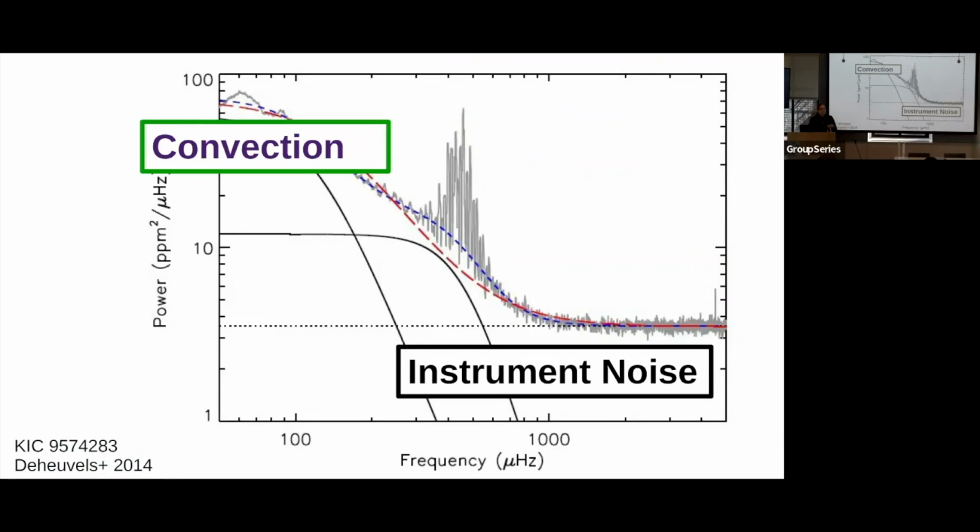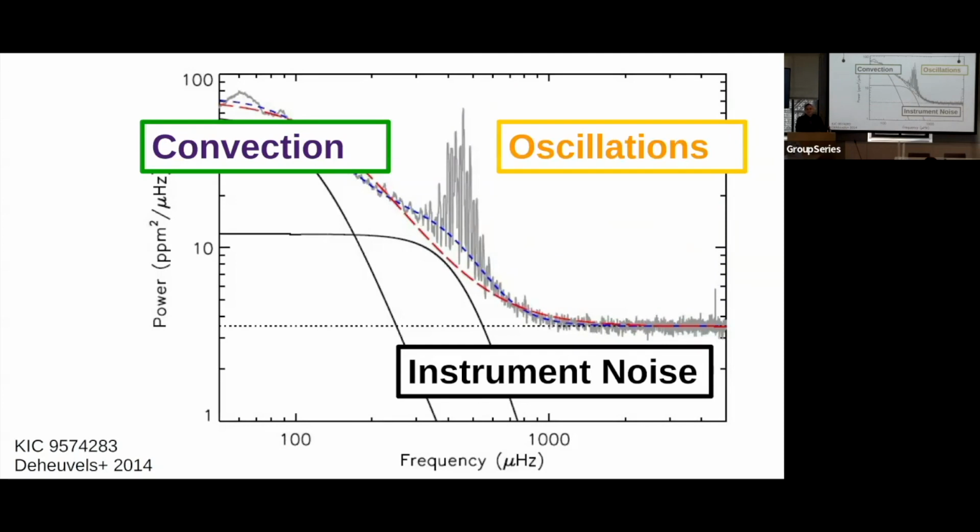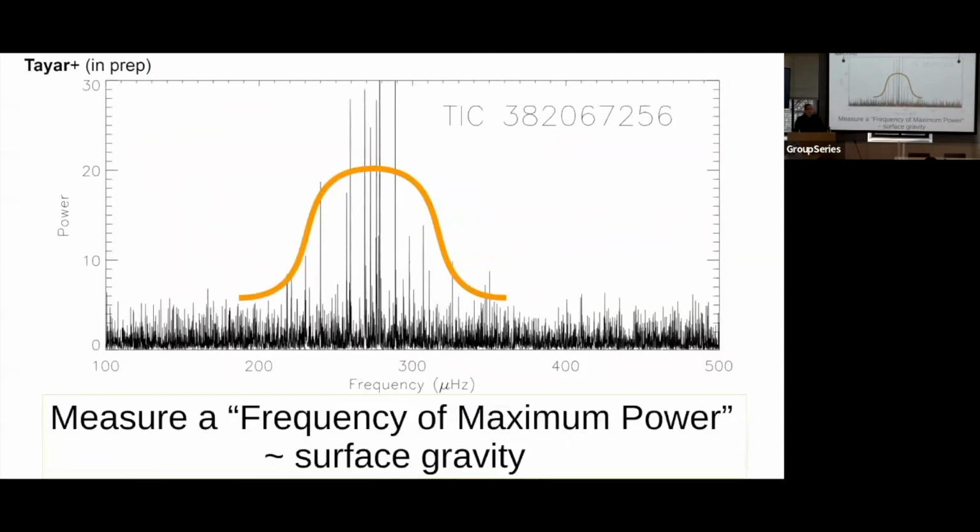At lower frequencies, you see the effects of convection, and kind of in the middle, you see this characteristic peak of oscillation modes. If you zoom in on that peak of oscillation modes, it's got some sort of Gaussian envelope with some characteristic frequency that's related to the surface gravity of the star that you're looking at.